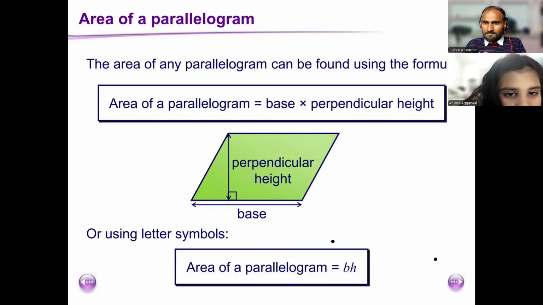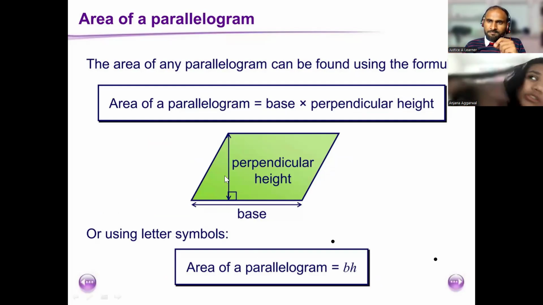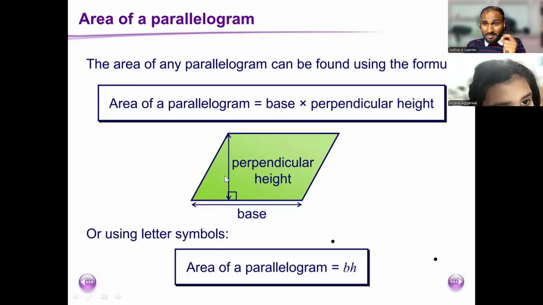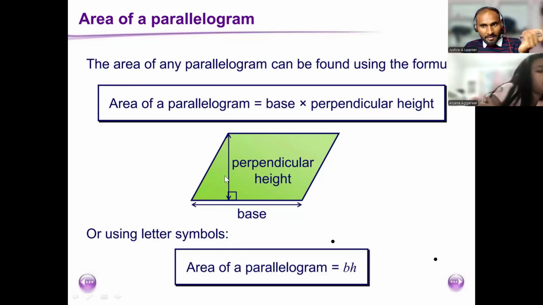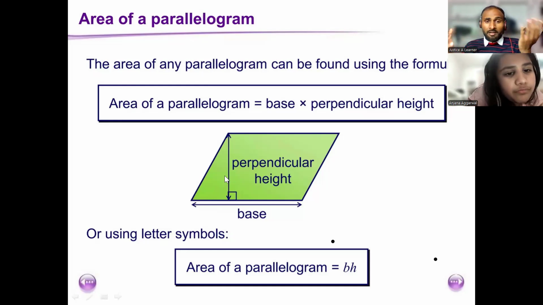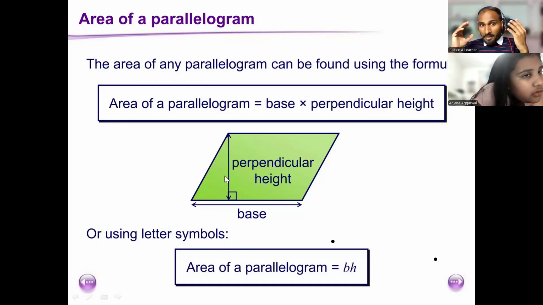Height. So just a little change in the term. We call it height, not length, right? But in a rectangle, we call it length and width. Do you remember that? So the area of a rectangle is LB, length into width, while the area of a parallelogram is base into height. A different term we are using, right?